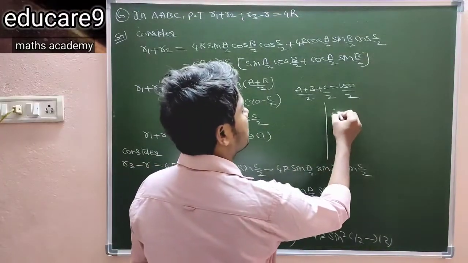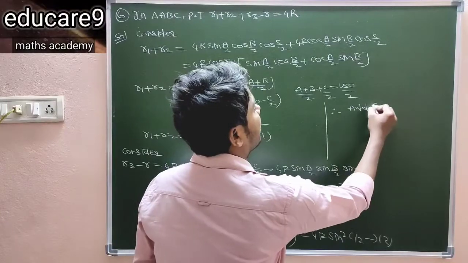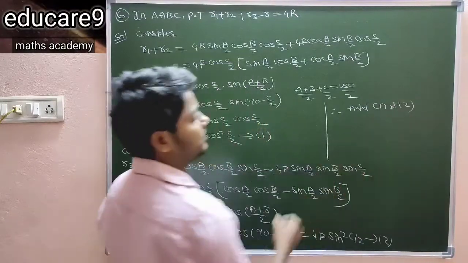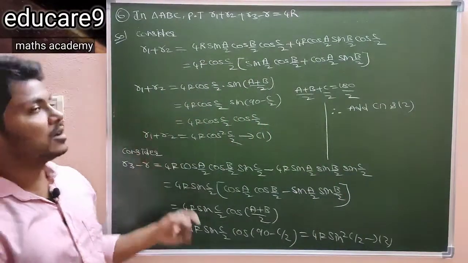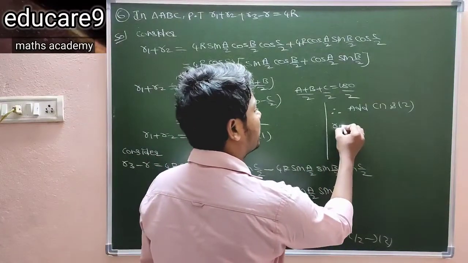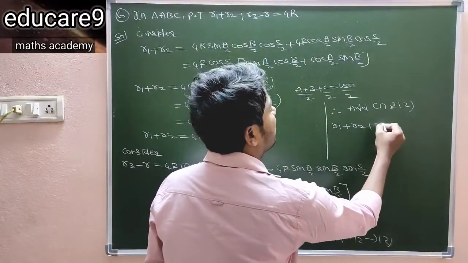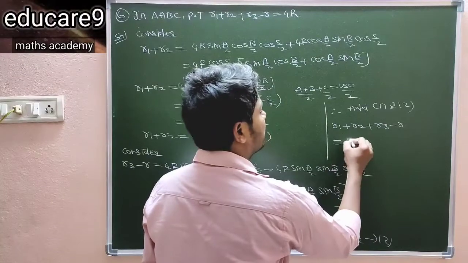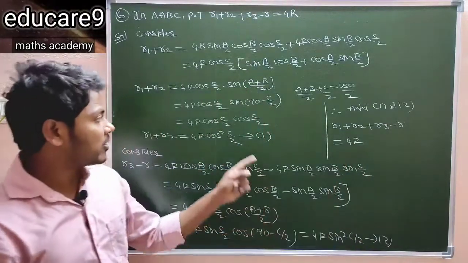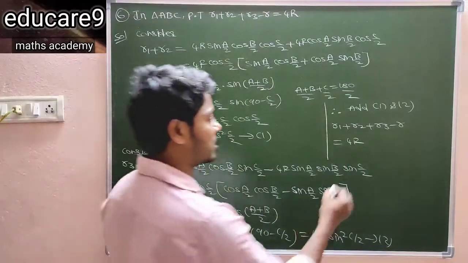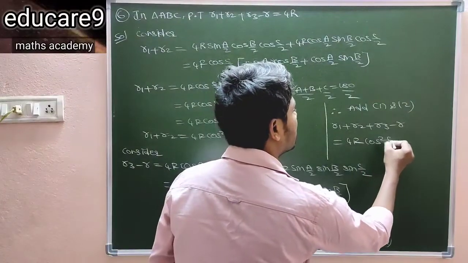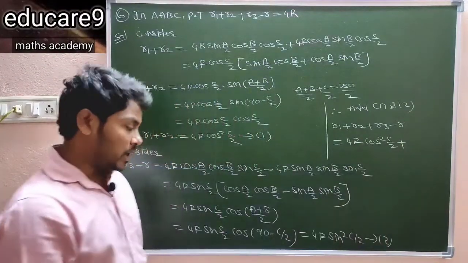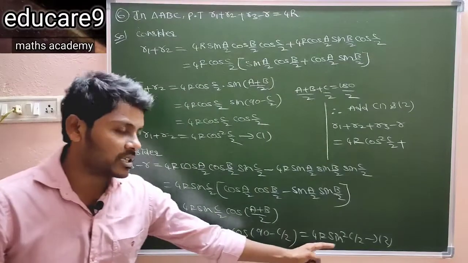So we have to add equation 1 and 2. So what you get? R1 plus R2 plus R3 minus r is equal to 4R cos square C by 2 plus 4R sin square C by 2.